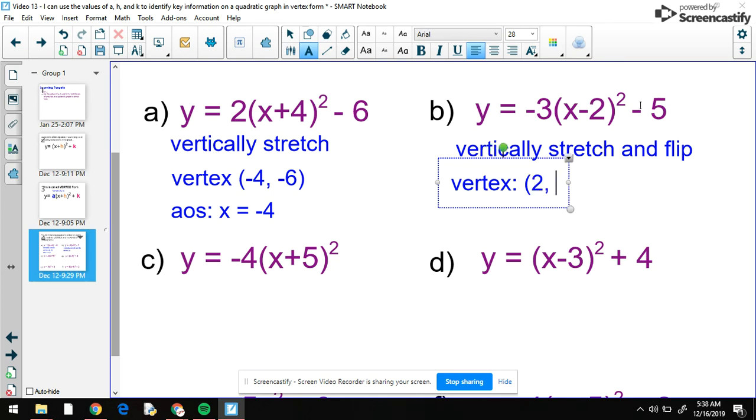And then from here, a -5 I would keep as is, and that would be my y value of my vertex. So it's the opposite of h, comma, k. Then from here, my axis of symmetry, again, needs to match the x-coordinate of my vertex, so it would be x is equal to 2.